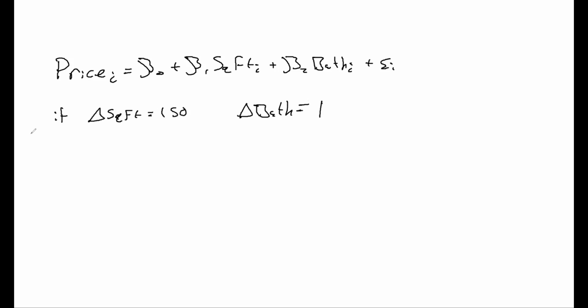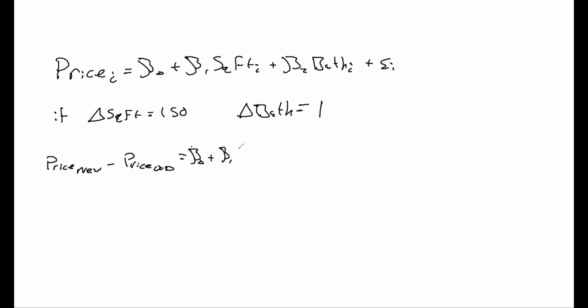So this would mean we have a new price and an old price. The new price minus the old price. You subtract the 2. So we want to know how much the estimated price actually increased. Beta 0 minus beta 0 cancels out. I'll go ahead and write it all out.